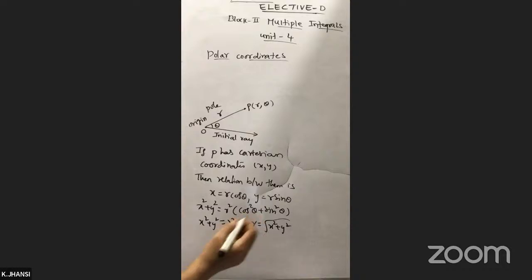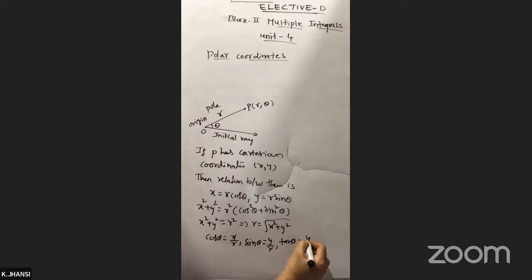That is, cos theta equals x by r, sine theta equals y by r, and we know that tan theta is sine by cos, so tan theta equals y by x. So like this, we have to find the values in the problem, and you should know the concept of what the polar coordinates are.